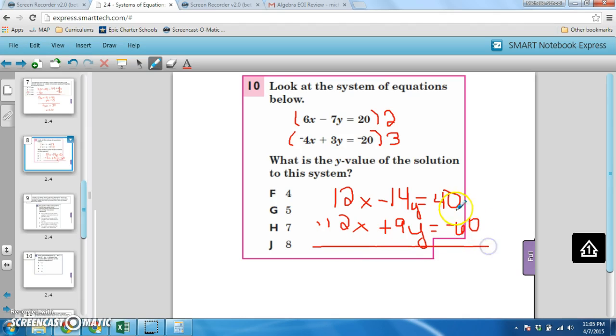You're just going to add them up. Positive 40 plus negative 60 is going to give me negative 20. Negative 14 plus positive 9 gives me negative 5y. Those cancel out. I divide both sides by negative 5 and I would get positive 4.